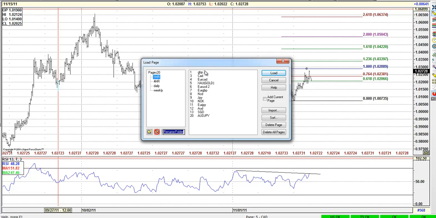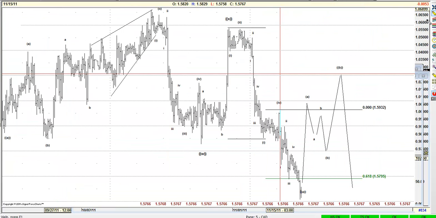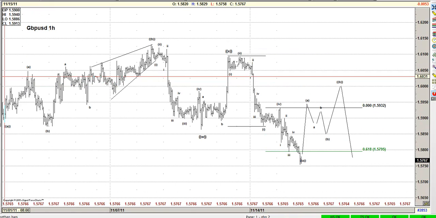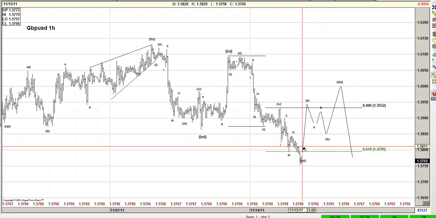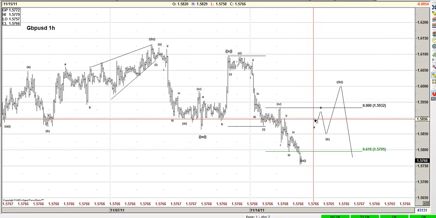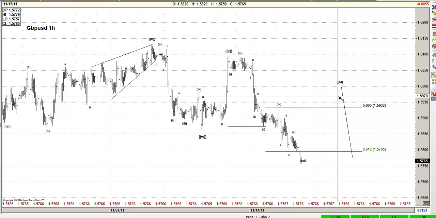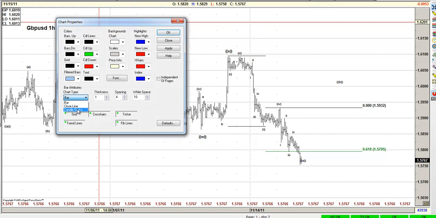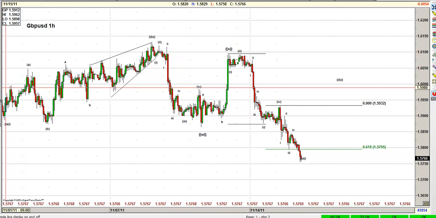Now, finally, let's take a look at cable. What we were expecting in cable, a strong recovery. Now, let me take the B wave that most likely is never going to happen. And cable is making an interesting point here. Let me put the candles on cable. And then you guys can see this.